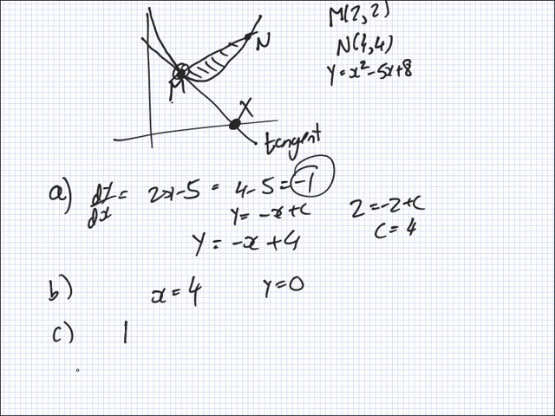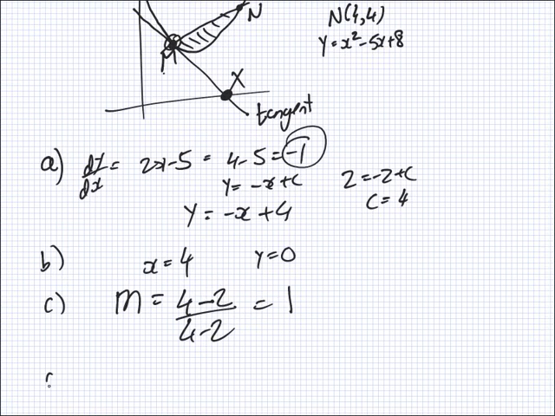Yeah, but they give you M and N. So what's M equal to? 4 minus 2 over... Okay. So I must have sensed that it was perpendicular. Yeah? Okay.